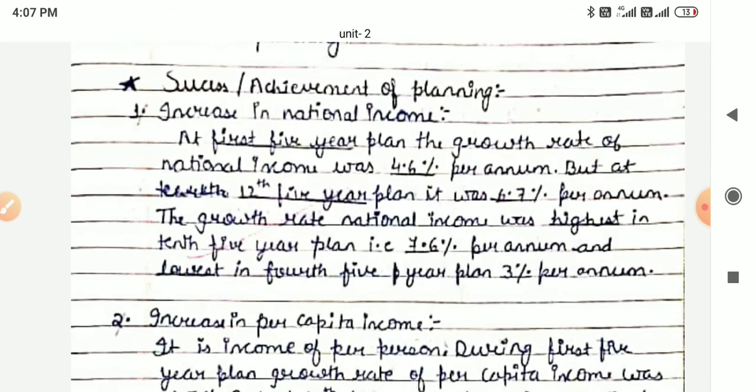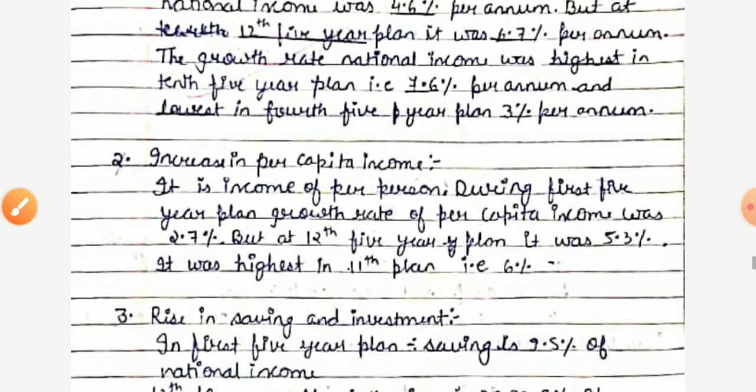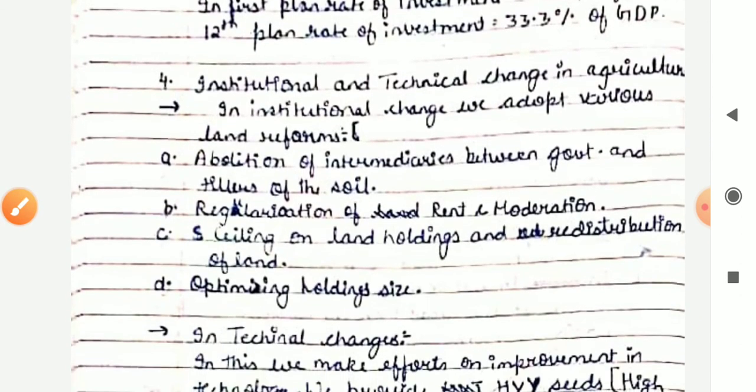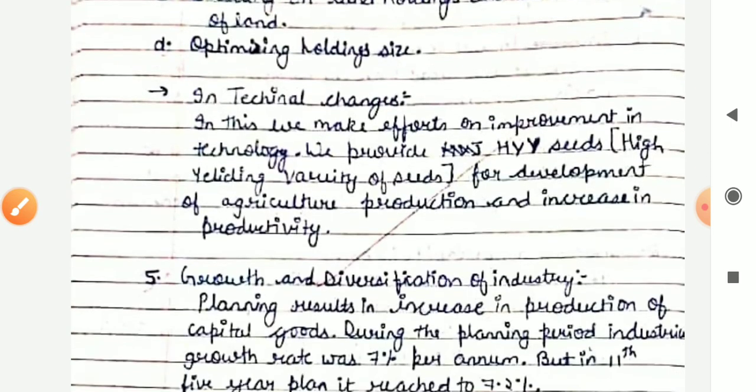The first point is it increased national income. Second point is it increased per capita income of our country. Third point is rise in saving and investment of our country. Fourth, it made institutional and technical changes in agriculture. These are institutional changes and these are technical changes.